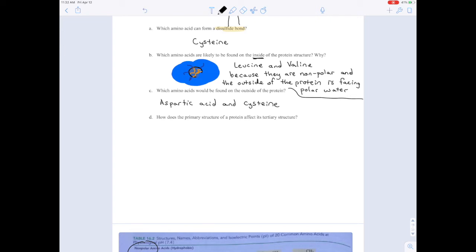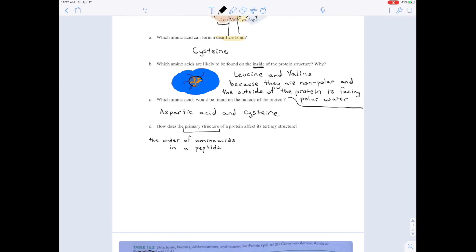D says, how does the primary structure of a protein affect its tertiary structure? Remember that primary structure is the order of amino acids in a chain or in a peptide. Remember the difference between a peptide and a protein. A peptide is usually less than 50 amino acids, and then a protein is usually 50 or more, but that's just a rule of thumb.